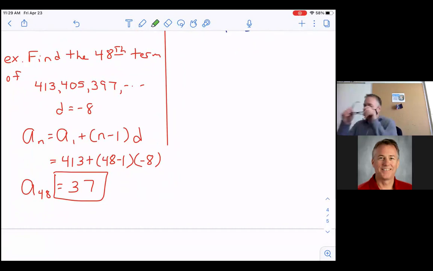All right, let me give you another one that's going to be kind of similar. Now I'm going to make this blue so you know it's going to be geometric, of course. It's going to be on the other side.